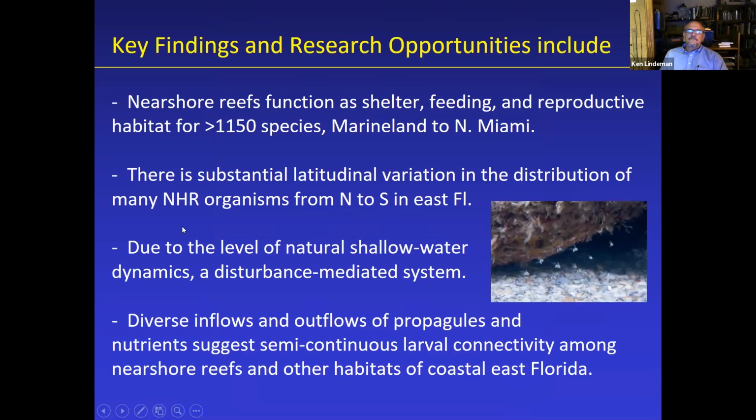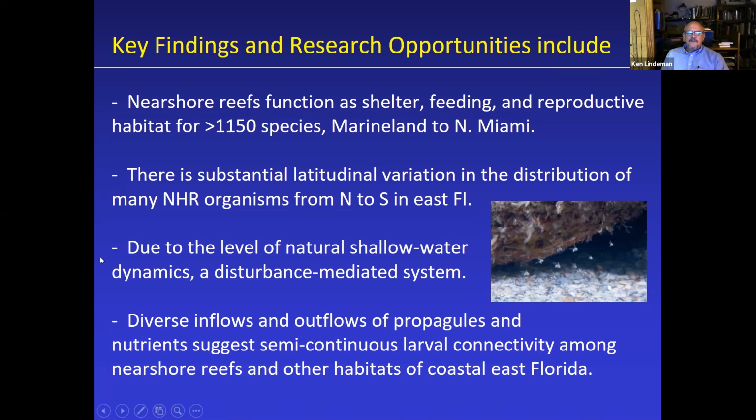So key findings and research opportunities in the book are summarized in chapter 9. The nearshore reefs function as shelter, feeding, and reproductive habitat for over 1,150 species from Marineland south of St. Augustine to North Miami. Recall that the study area of this project was terminated in North Miami. There is substantial latitudinal variation in the distribution of these organisms, as Dan referred to earlier.